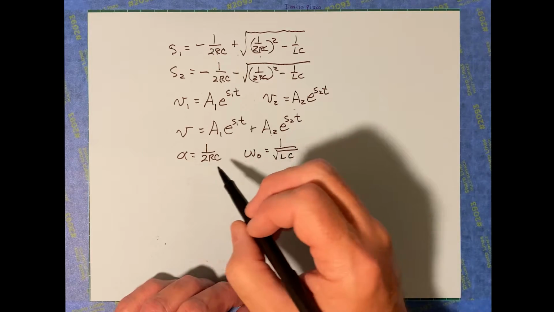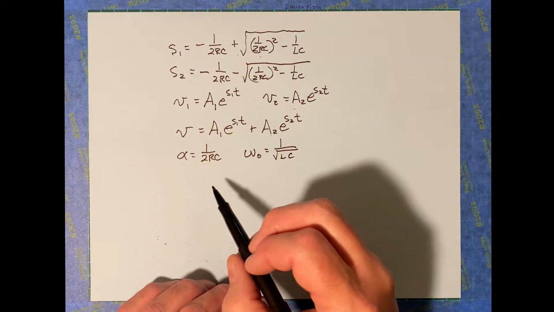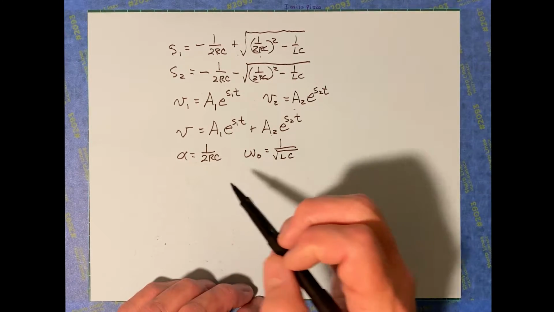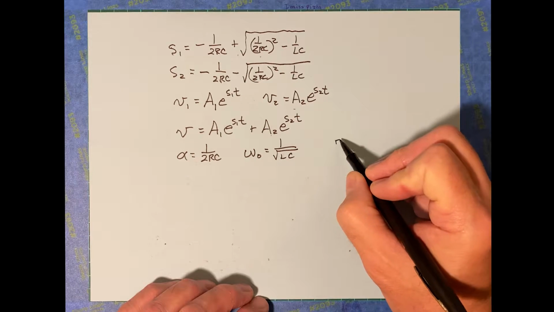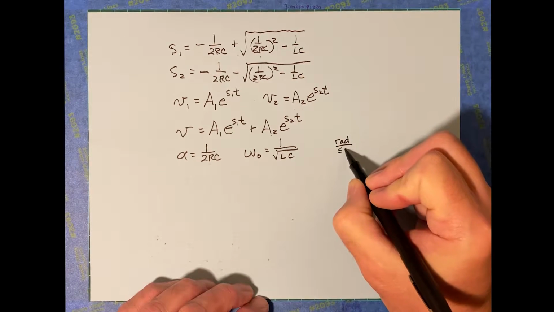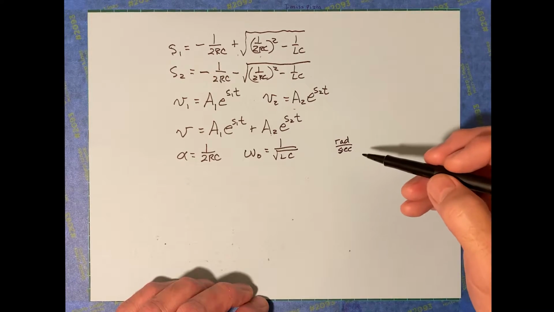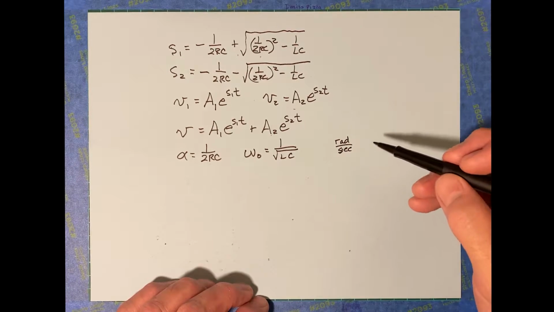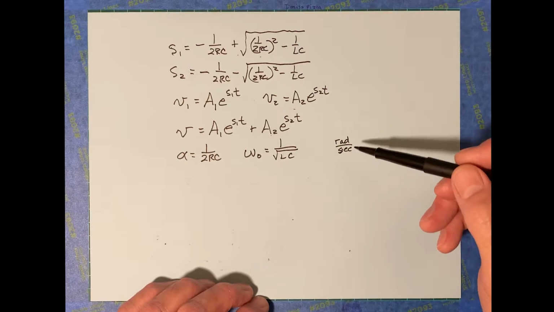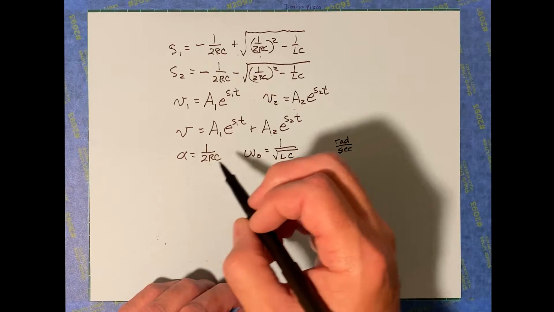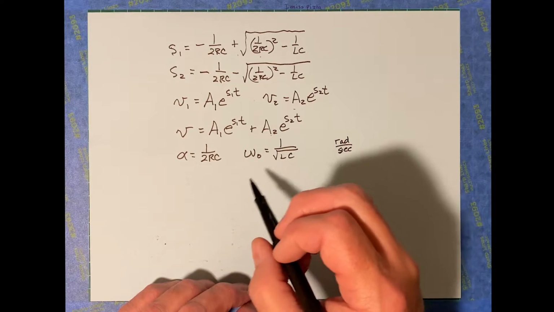These two things have names, and they pop up quite often. If you look at the units, both of them are radians per second, which tells you they are frequencies. In fact, they are angular frequencies in radians per second, and they are called different types of frequencies.